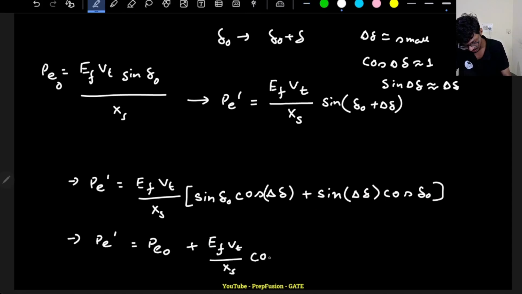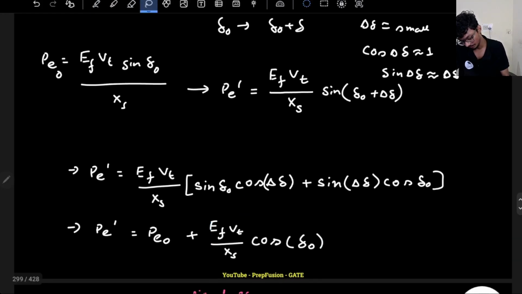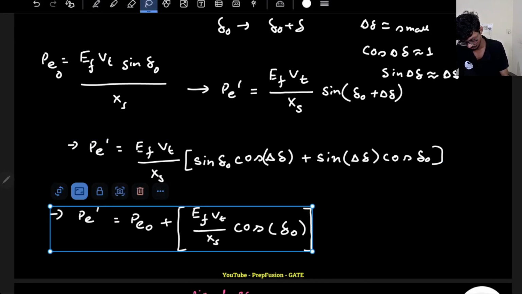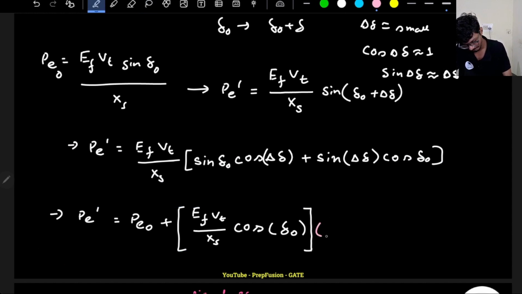I will write the del delta outside into cos of delta naught into delta.